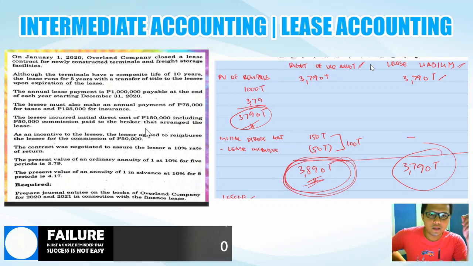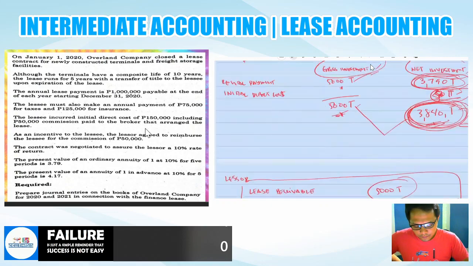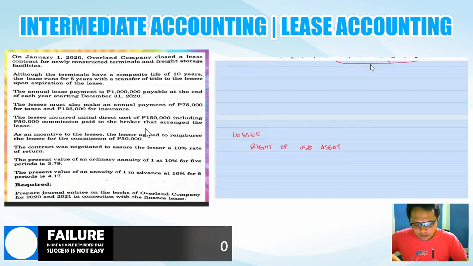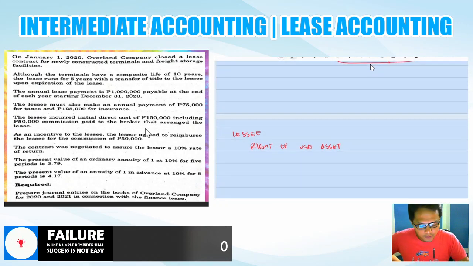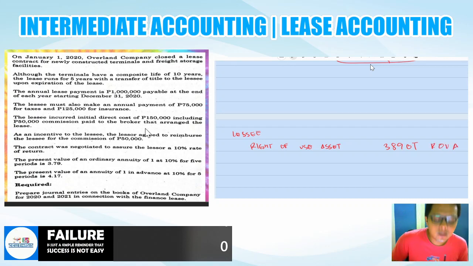Whereas, our lease liability, because there is no other factors affecting the lease liability in the lessee's perspective, it was only 3,790,000. So, again, problem is, how will we depreciate the 3,890,000 right of use asset? Okay? The right of use asset. Now, let's look at the problem.